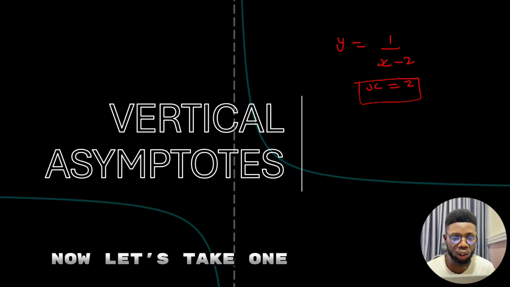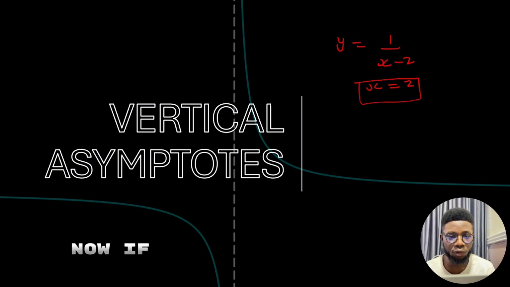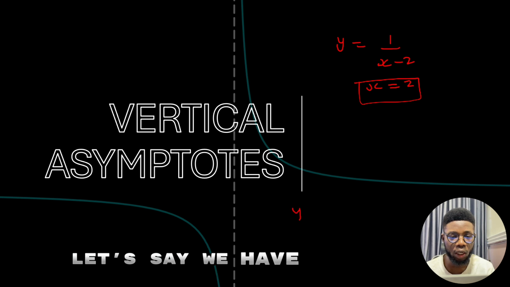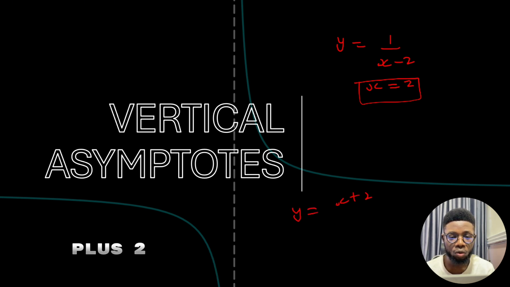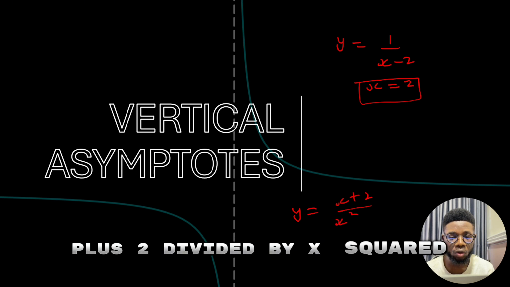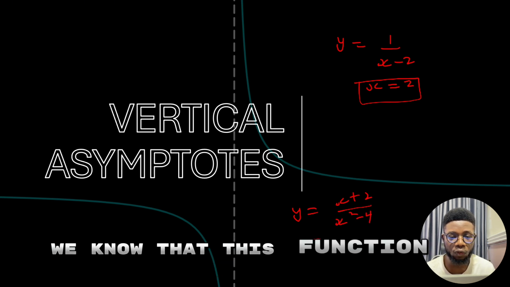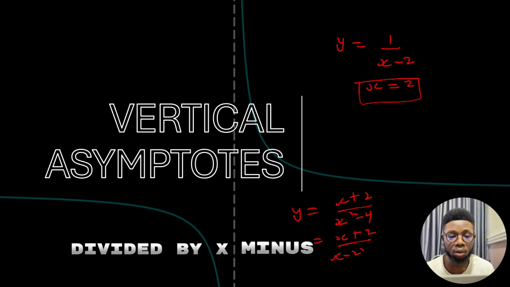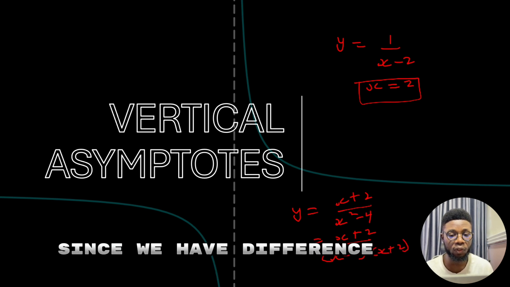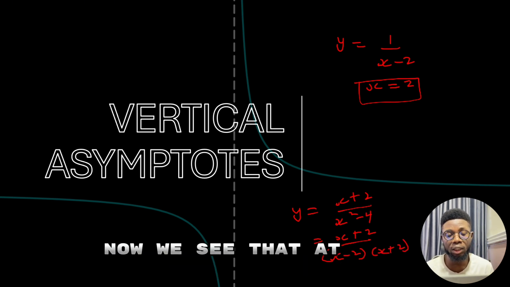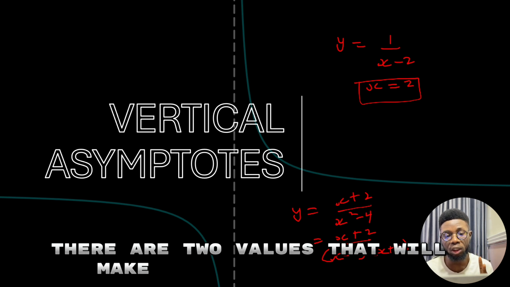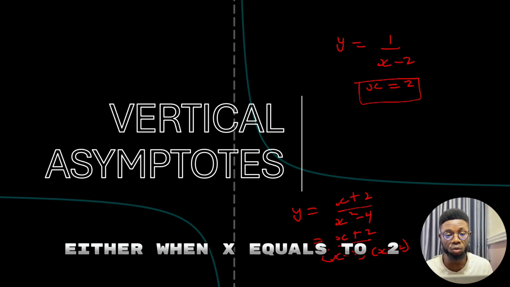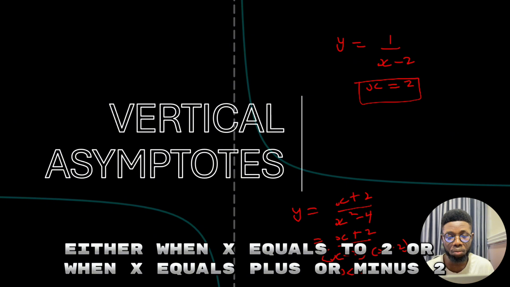Now let's take one last example. If we have something of this nature, let's say we have y equals x plus 2 divided by x squared minus 4. Now we know that this function can be rewritten as x plus 2 divided by x minus 2, then x plus 2, since we have a difference of two squares there. Now we see that in the denominator here, there are two values that will make the denominator equal to 0, when x equals 2 or when x equals negative 2.